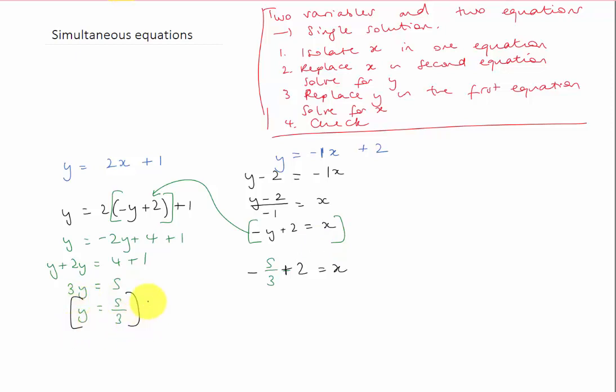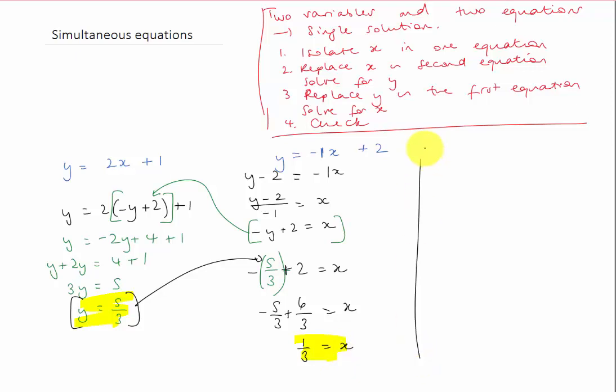So that's this business. So then we could say that minus 5 thirds plus 6 thirds is equal to x. So that means x is equal to 1/3. So there you have our solutions, and that's roughly, my bad drawing aside, about what we saw with the intersection of the two graphs.